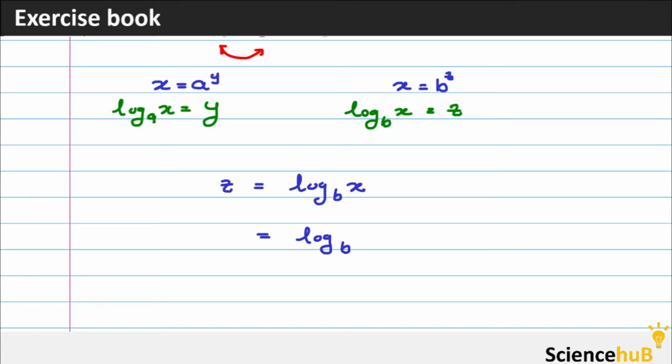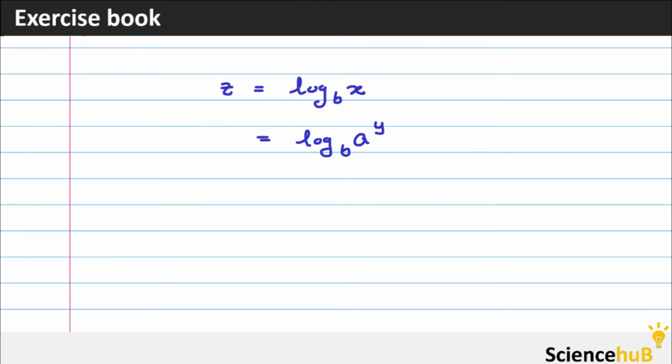You can write x as a to the power y. From the log properties, we can take this y in front of the log. Now the equation becomes y into log_b a.